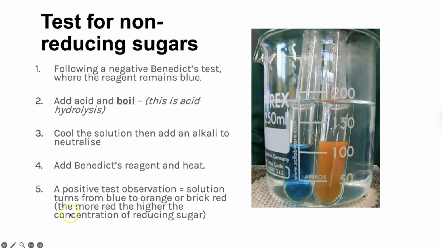And it's because you should have quite a high concentration of sugar now, because if you started with sucrose, lots of sucrose molecules, which are disaccharides, and then you hydrolyze that into monosaccharides, you've now doubled your sugar concentration, because you might have gone from, let's just make this simple and say 10 sucrose molecules. After we hydrolyzed that, now made 20 monosaccharides. So you have a higher sugar concentration. That's why you should get orange or brick red as your positive test result.